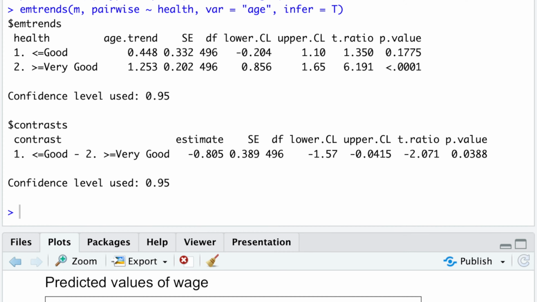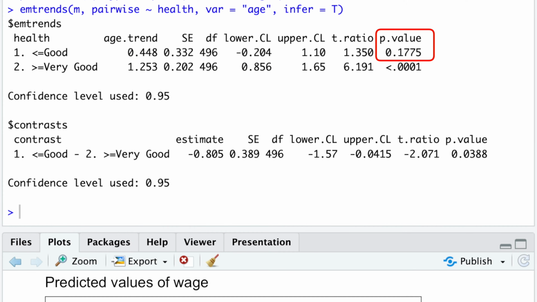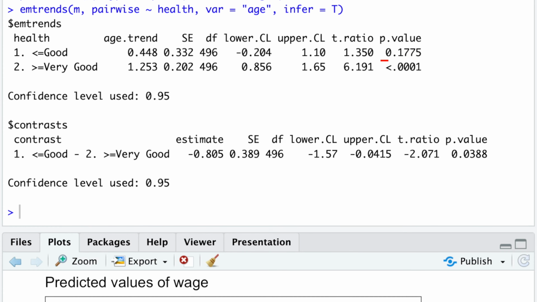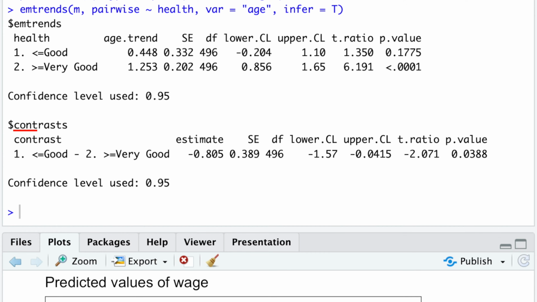Here, the salary of individuals with merely good health hardly changes over a lifetime, as indicated by the non-significant slope. On the other hand, the salary increase for those with excellent health is significant. The contrast between the two slopes also reveals a significant difference.